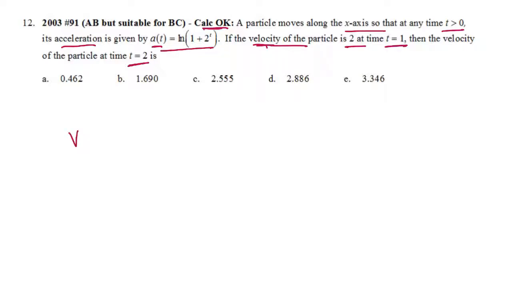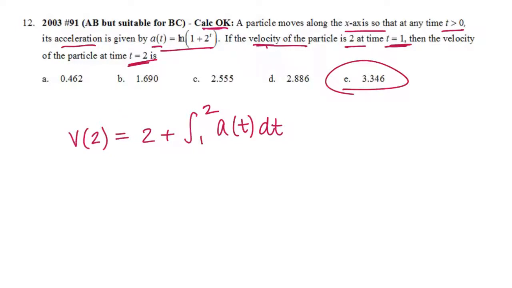So I know that v at 2, or the velocity at 2, is going to be 2 plus, and then we need to integrate from 1 to 2, because again we're looking from time 1 to time 2, of a at t dt. Okay, and since this is a calculator problem, you just type all that in and hopefully you get answer choice E.